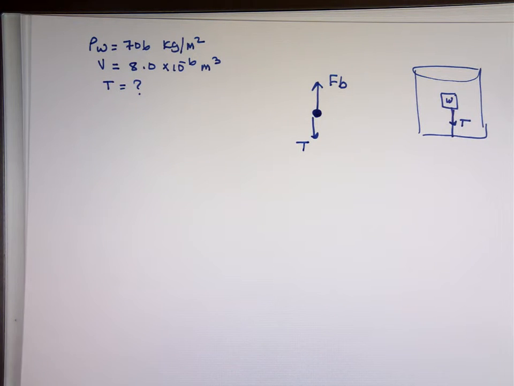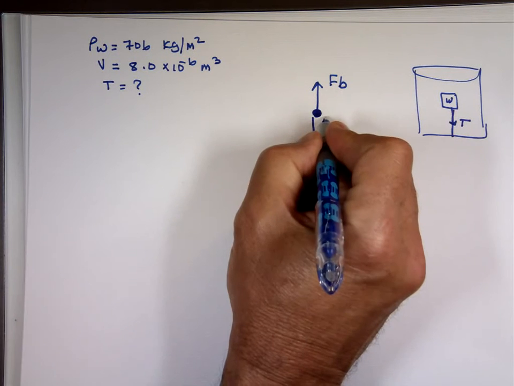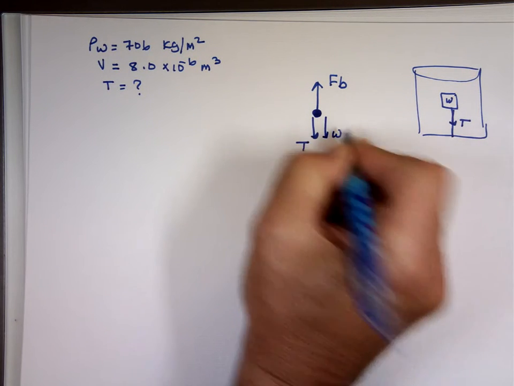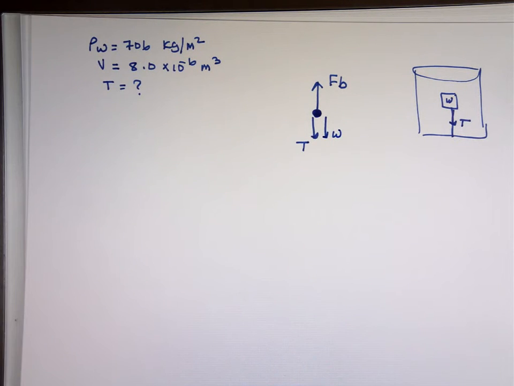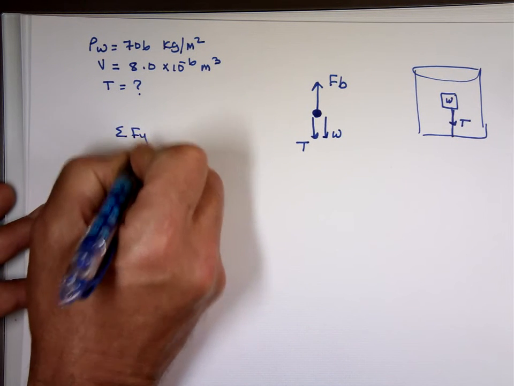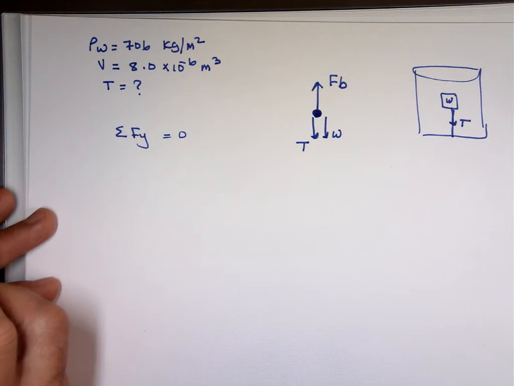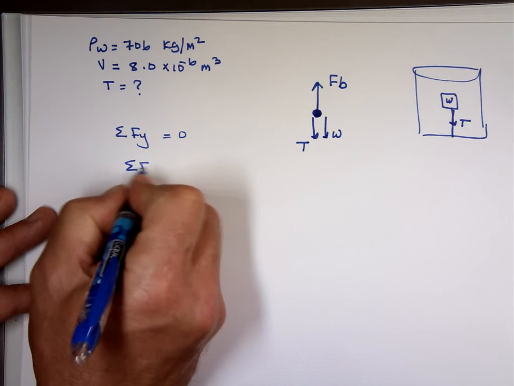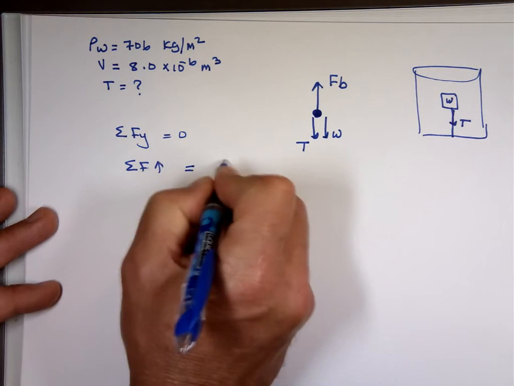How about the weight? The weight of the block of wood is pushing down. And the fact this is not going up or down tells me the net force in the y direction has to be 0. Which means if you take the forces pointing upward, add them all, they should equal all the forces pointing down.